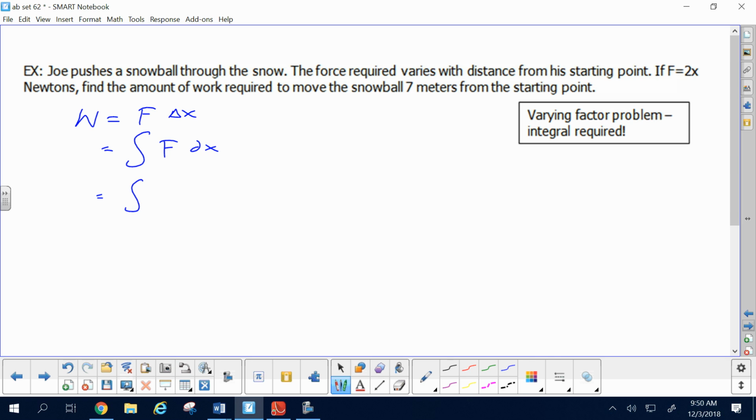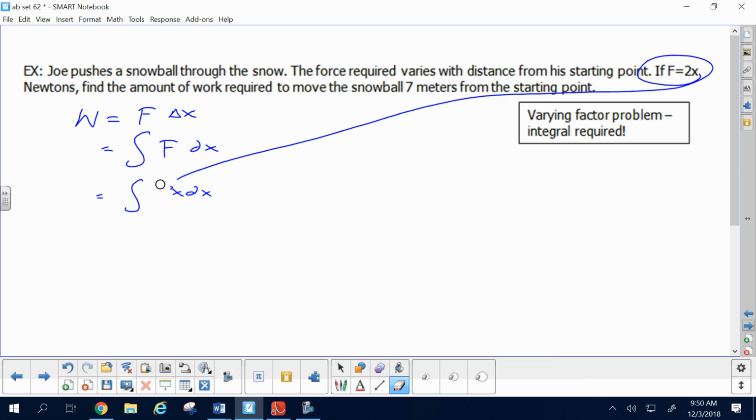Okay. All right. So the function is 2x, yeah? From where to where? Those limits of integration represent the x range. So what's the x range? From 0 to 7, so the range of the integral is from 0 to 7.